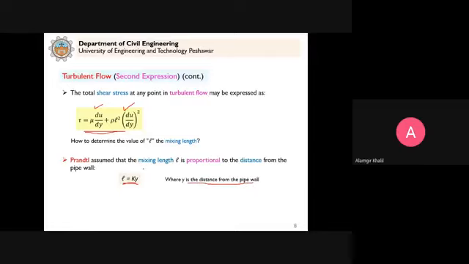So now this k becomes a constant. When you change the proportionality sign into equality, we multiply by a constant, and experiments have confirmed that this k is equal to 0.4. So now using this equation we can calculate L, and that L we can put here to easily calculate the shear stress. Clear?